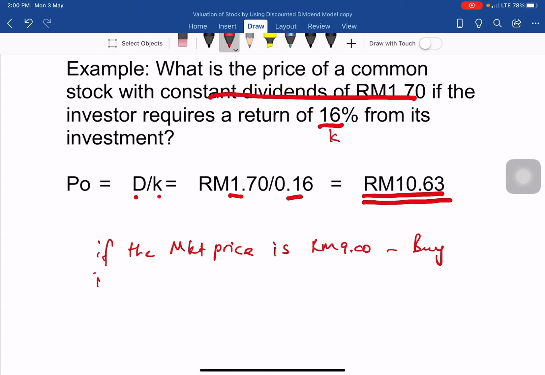If the market price is, let's say, RM11, it is more than what we set here, so don't buy. That's why we calculate the intrinsic value, to see the maximum value that we are willing to pay for the stock.